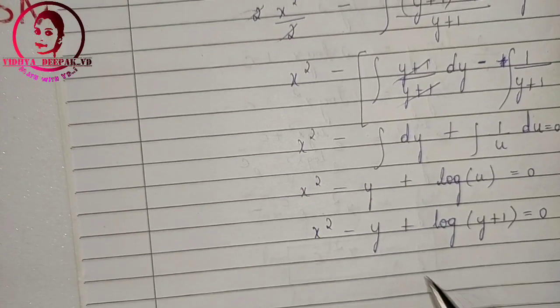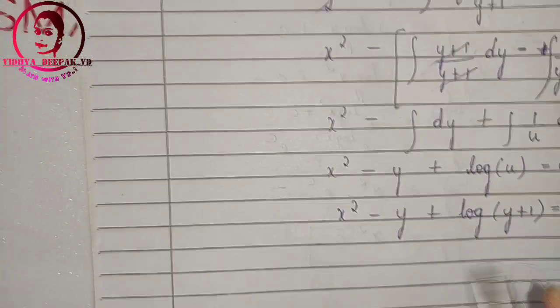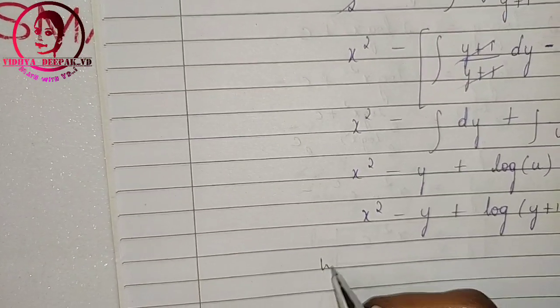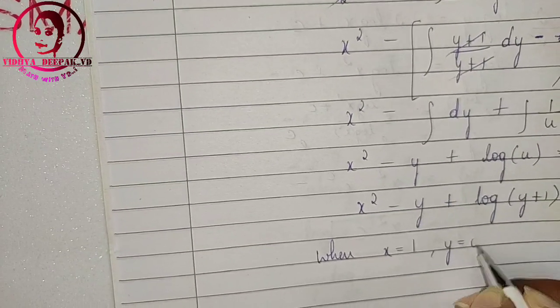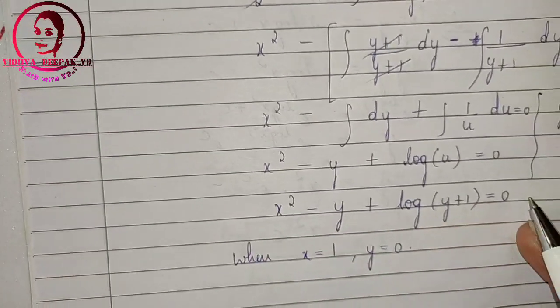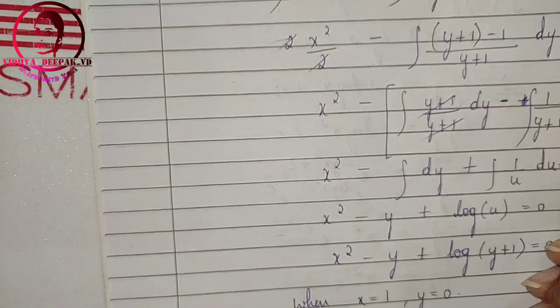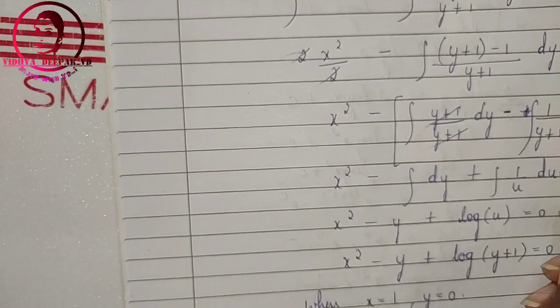This is our required answer, but they have given x equal to 1 and y equal to 0. This is the general solution. Sorry, I did not have the constant c, so it is plus c.